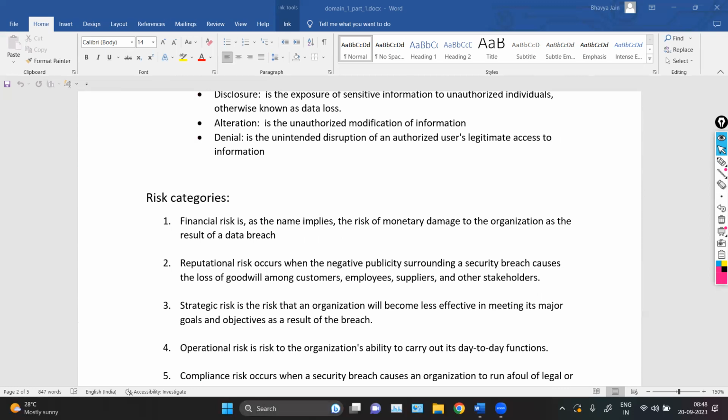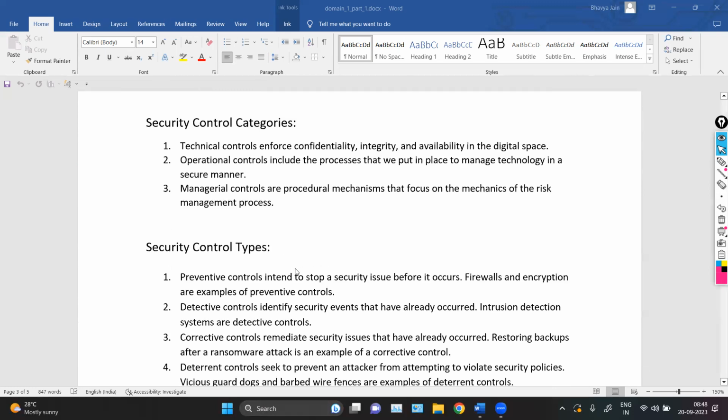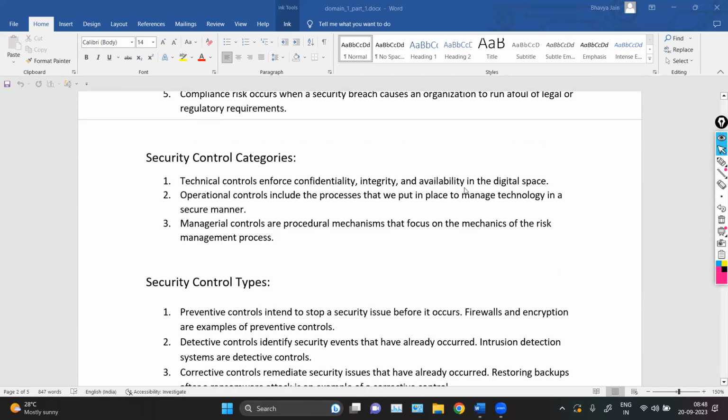Okay. Then we have security control categories. What kind of security controls can we take? These are also divided into categories. The first category is technical controls, which enforce confidentiality, integrity, and availability in the digital space.